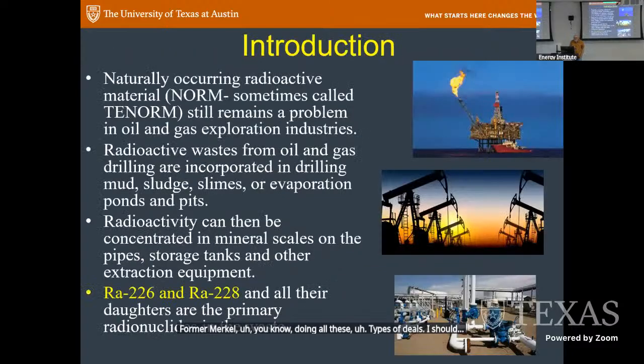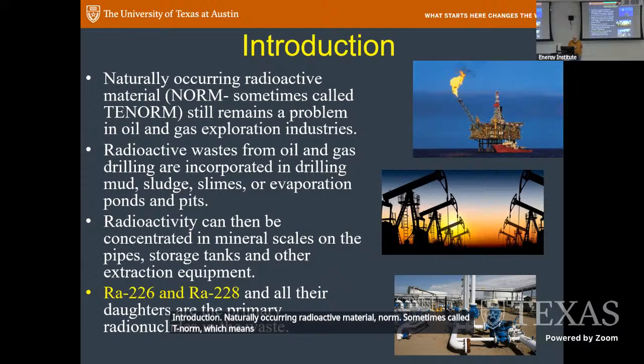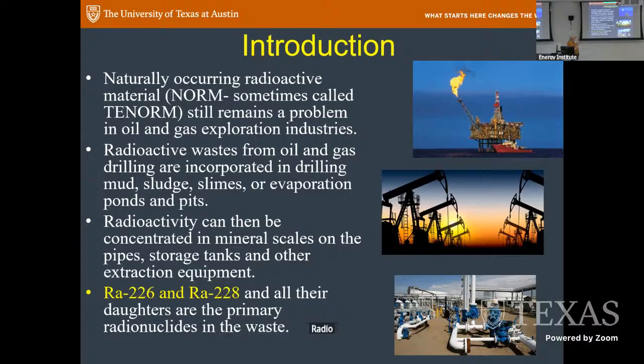Introduction. Naturally occurring radioactive material, NORM, sometimes called TENORM, which means technologically enhanced, still remains a problem in the oil and gas exploration industries. Radioactive wastes from oil and gas drilling are incorporated in the drilling mud, sludge, slimes, or evaporation ponds or pits.